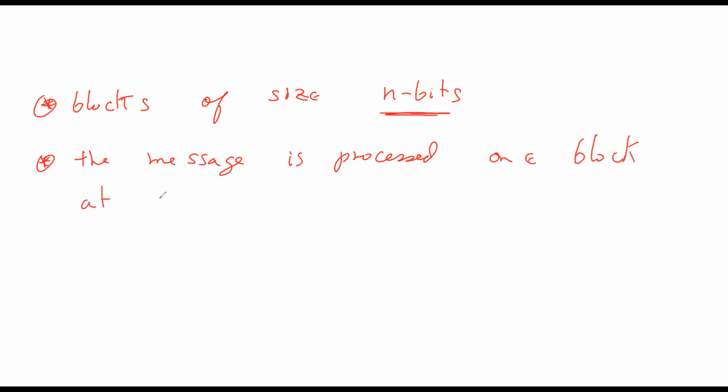So we do one block at a time in some kind of iterative fashion, so a loop of some kind, and that will produce a final hash.